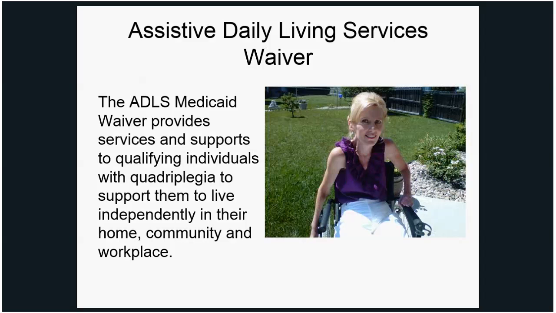Although there have been participants who, depending on their preference at the time, have been served by either waiver. So that tells you a little bit about the similarities between the two waivers. I'll go on to the next slide here.